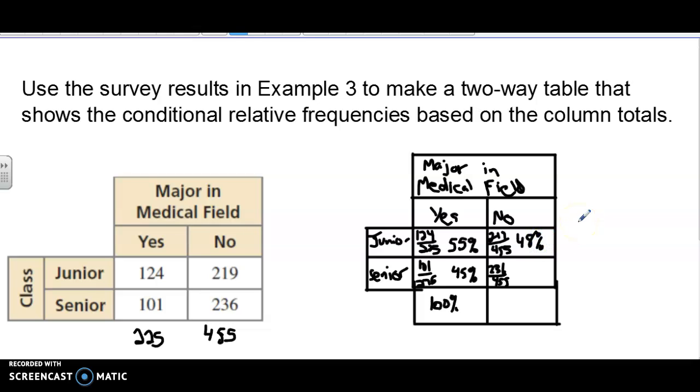And 236 divided by 455 is about 52%. Which again add up to 100%. Alright, so that's how you find the conditional relative frequencies, and previously we did the joint relative frequencies and the marginal relative frequencies.